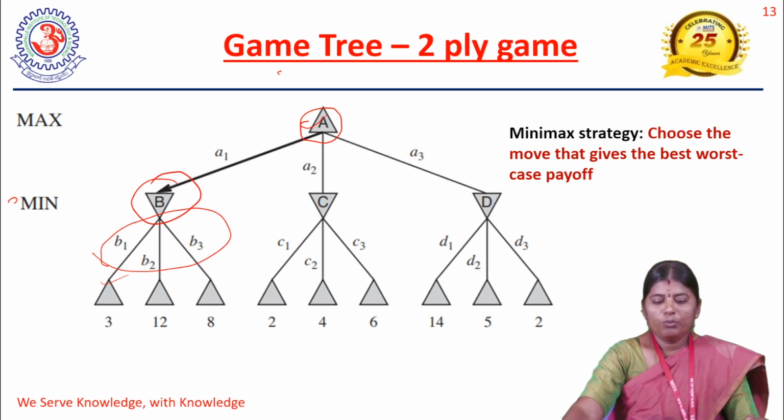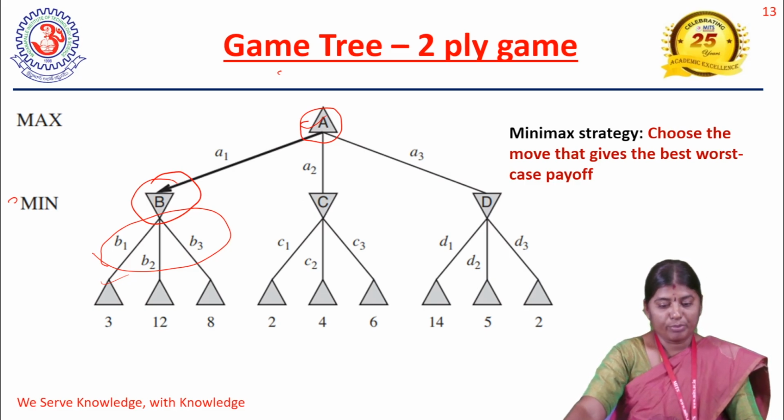Or how can the max player find its value? That can be found by the best move even in the worst payoff, which means that both players play optimally. Both goals conflict with each other. The min player wants to minimize his loss, and the max player wants to maximize his profit.